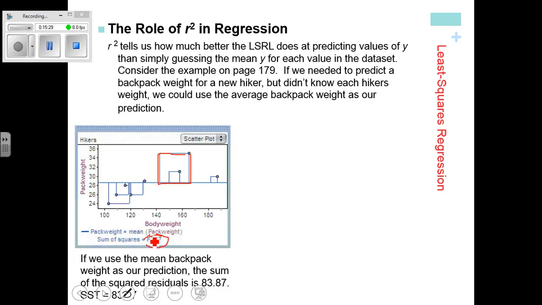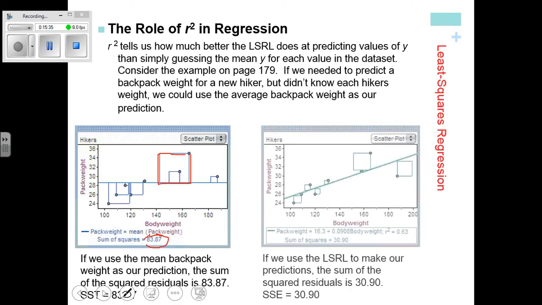However, if we use the sum of the squares from the least squared line instead, we're at 30.9. The area of those squares is much smaller, so that variability has been improved. Our prediction, of course, is much more accurate using the least squared line instead of just the mean.